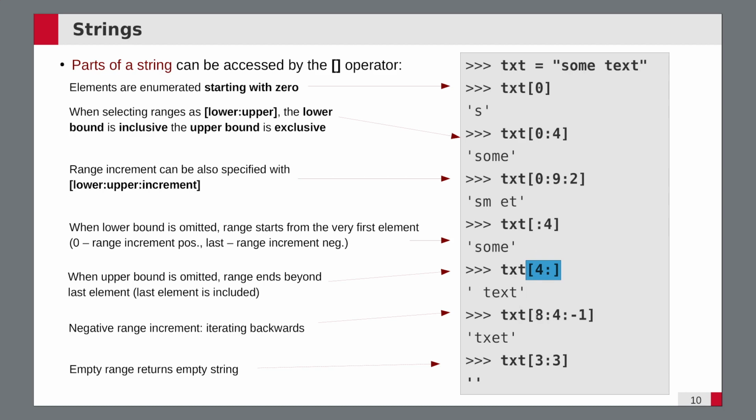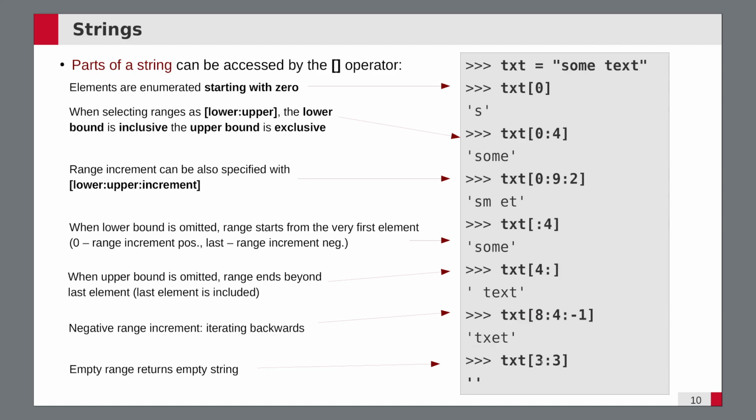And it's even possible to revert a string by making a step size which is negative and giving a starting and an end index, the starting index being higher than the end index. If the step size is -1, then it will start from the 8th character, going back to the 4th, but not including the 4th, in steps of -1, and that would give me exactly 4 characters, but in a backwards way.